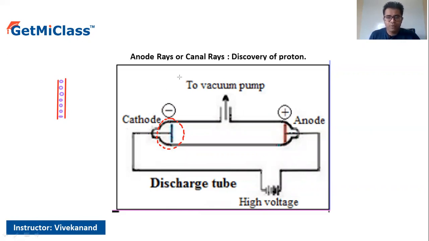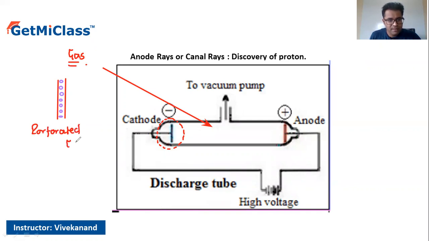Secondly, he took a particular gas in the discharge tube at a lower pressure. So here, he has inserted certain gas, and the cathodes were perforated.